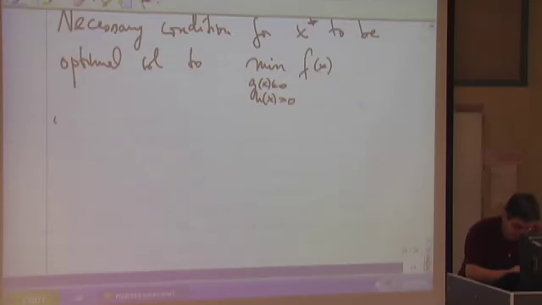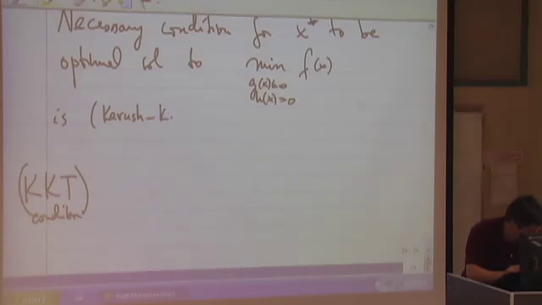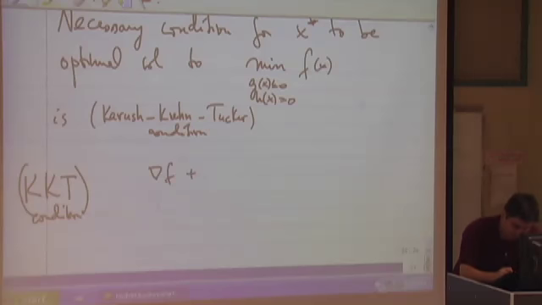It is called the KKT condition, which comes from Karush, Kuhn, Tucker. So it is the gradient of f plus mu gradient of g plus lambda gradient of h equals 0 at x equals x star.